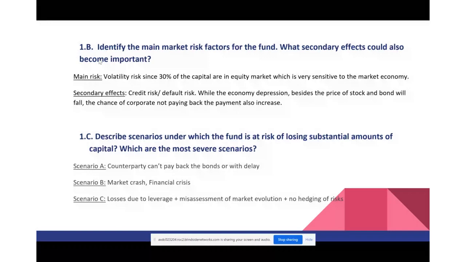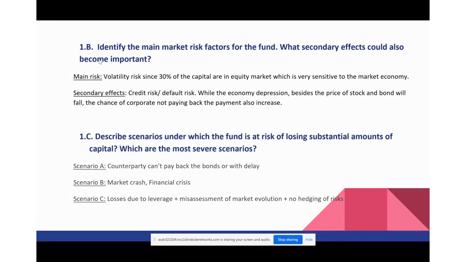So we define this as our main risk. And our secondary effects are credit risk, also fraud risk. So if the economy goes down, like when there's an economic depression, besides the price of the stock market and bonds falling, the chance of corporates not paying back will also increase.